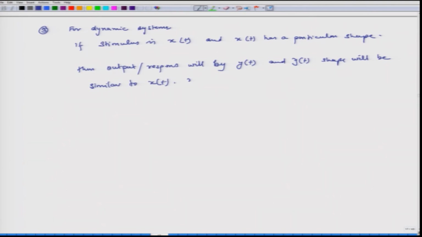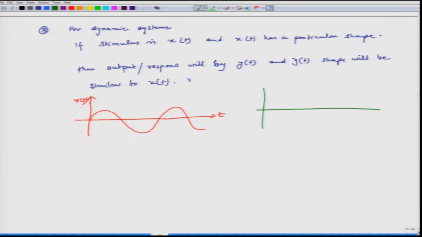What do I mean by this? So, the point is that if my stimulus is like this, so this is time and this is x(t), then this is time and my response.